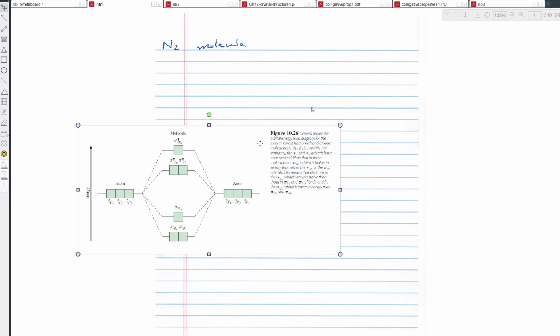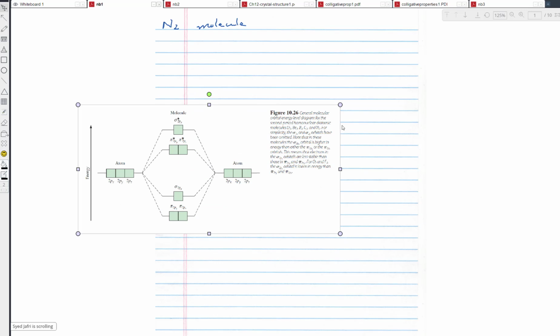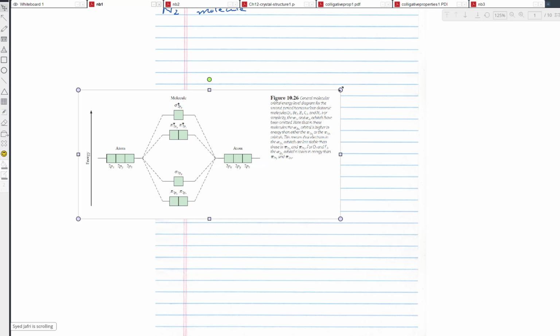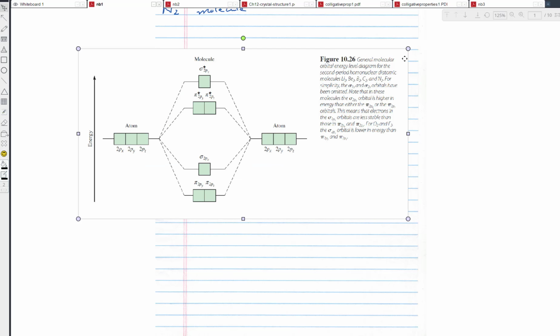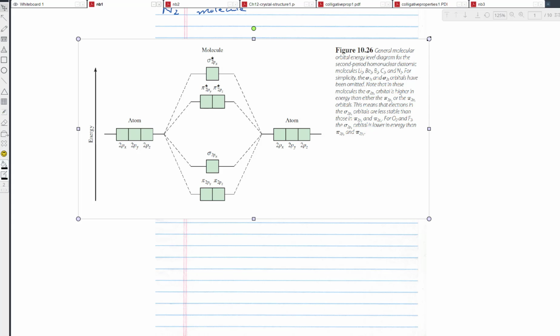I wanted to ask you before we go into an example, this figure is from the book. Yes, that's the same thing. When you and I were doing it, it didn't really matter, because when we did it, we put sigma 2px, or rather 2px, at the bottom.